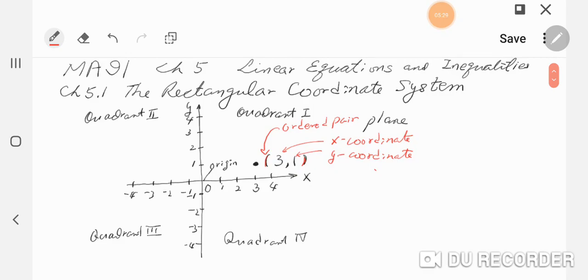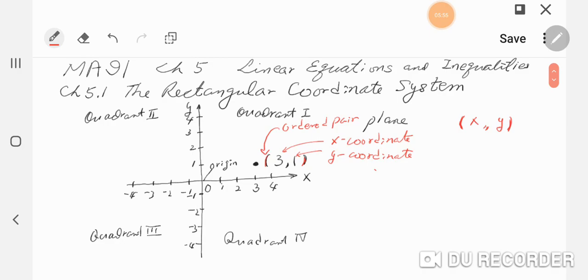Always the x value comes first, the x coordinate first. Here is the point: x coordinate, y coordinate, within parentheses. The first number is the x coordinate, the second number is the y coordinate. So it's really important when writing the ordered pair.